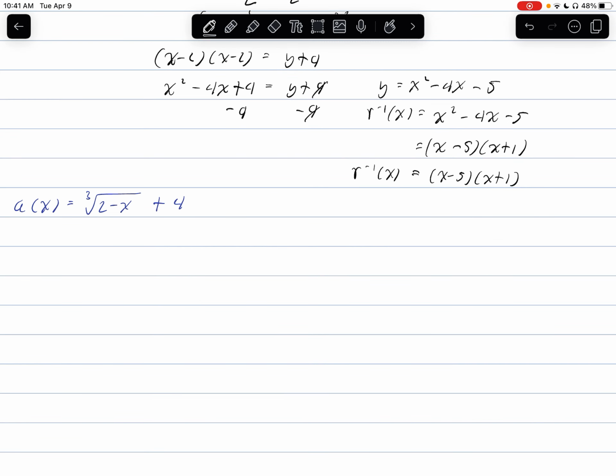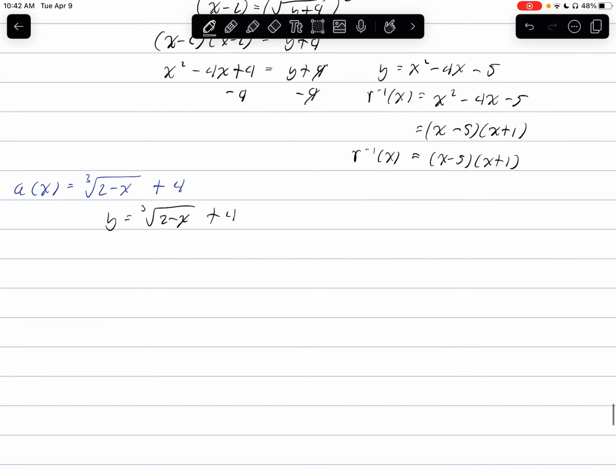Okay, and then on this last one here, we have a of x is equal to the cube root of 2 minus x, plus 4. Okay, so same principle is going to apply here. So we'll have y is equal to the cube root of 2 minus x plus 4. Okay.